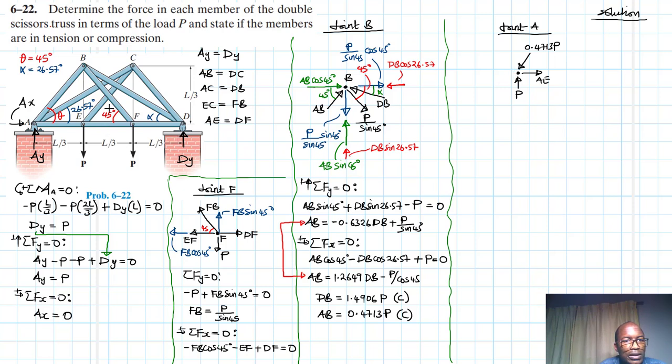We also have AC, and AC is practically equal to dB. We already found it, 1.4906 P, and then this one, of course, is AE.